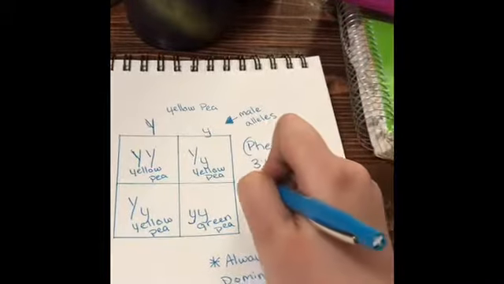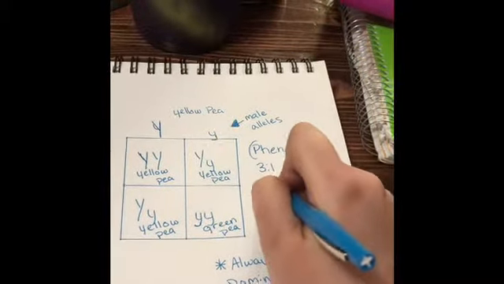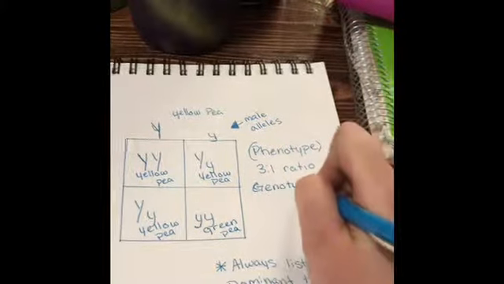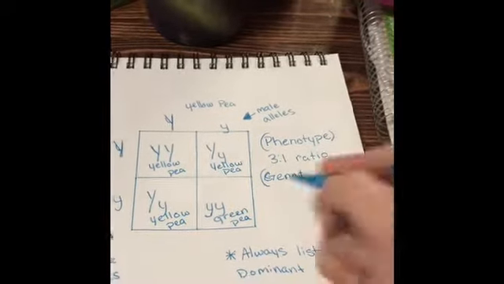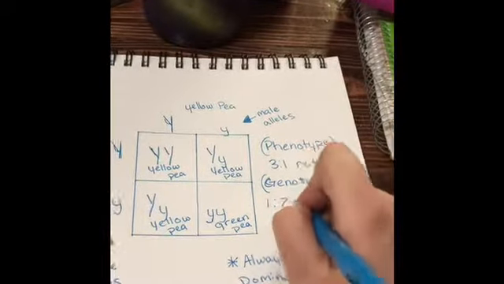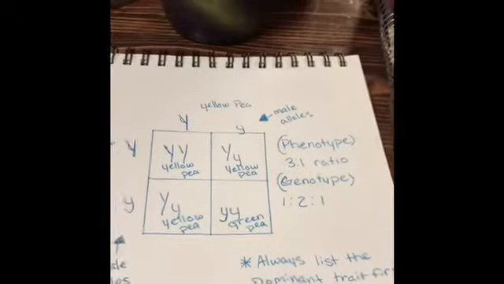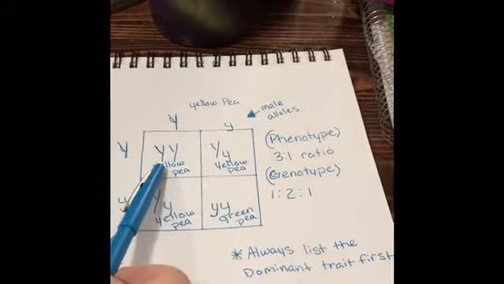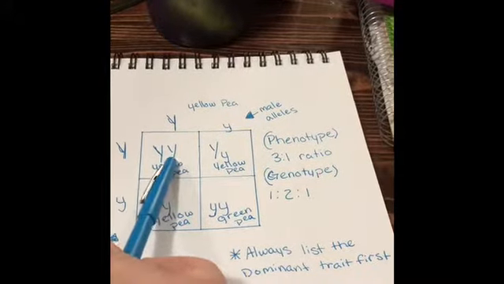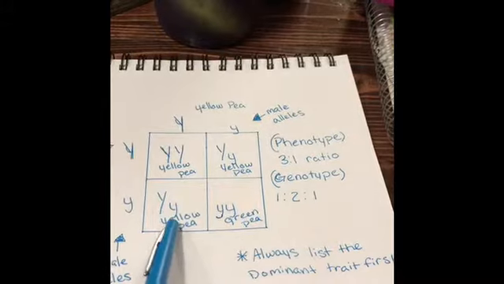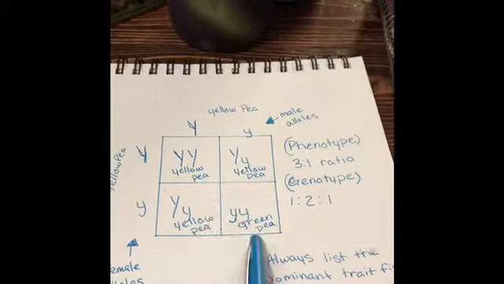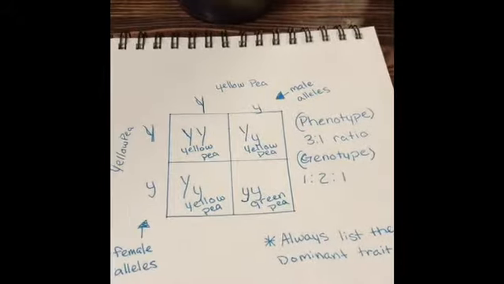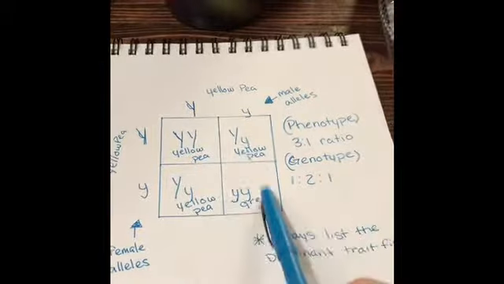And then our genotype is going to be 1 to 2 to 1, because we have one with two capitals, two dominants. We have 2 with one dominant, one non-dominant, and then we have one where it doesn't have any dominant at all. So that's going to be a 1 to 2 to 1 ratio for the genotype.